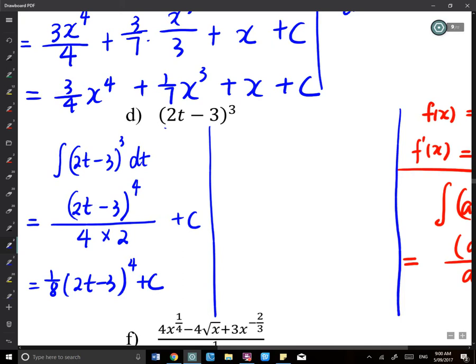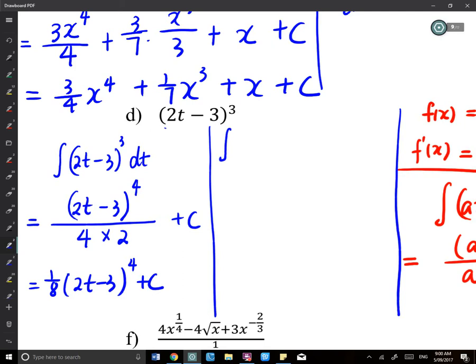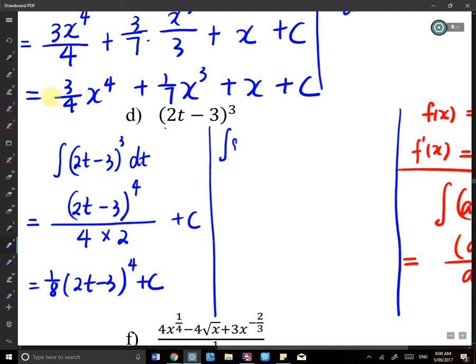But the next method we use is not that nice. I need to integrate that, but what you know now is expanding. If it doesn't tell you this formula, you can't do it, you need to expand it. What you need to have is (2t) cubed minus 3 times (2t) squared times 3 plus 3 times 2t times 9 minus 27 dt.